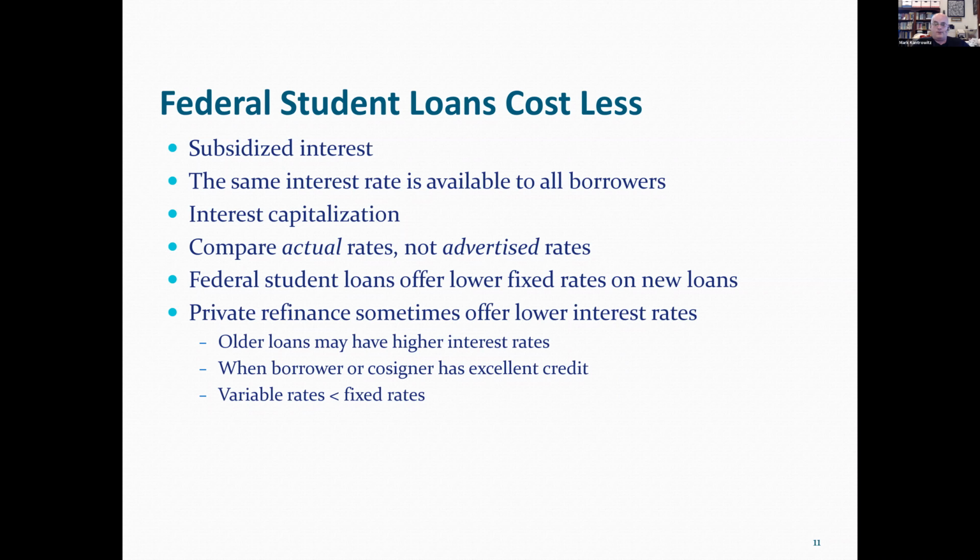The only benefit for a variable rate, because they tend to be priced to have the same cost as a fixed rate loan over the same time period, would be if you're planning on paying off that debt quicker, so that you can pay off the private student loan that's variable rate before interest rates rise too much. So now let's ask, will you save money when you refinance your private loans or federal loans into a private student loan?